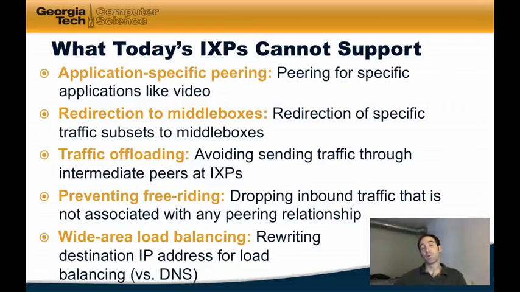So, for example, if you look up a domain name like google.com, you might get a different IP address when you look that domain name up at one point or another point. This again is a fairly indirect mechanism for performing load balancing. A more direct mechanism would be to rewrite the destination IP address, but this is particularly tricky using today's infrastructure.